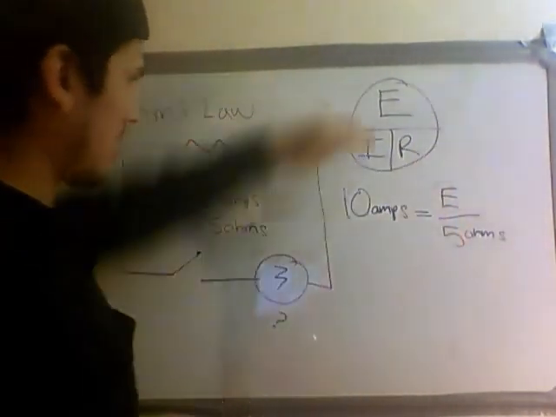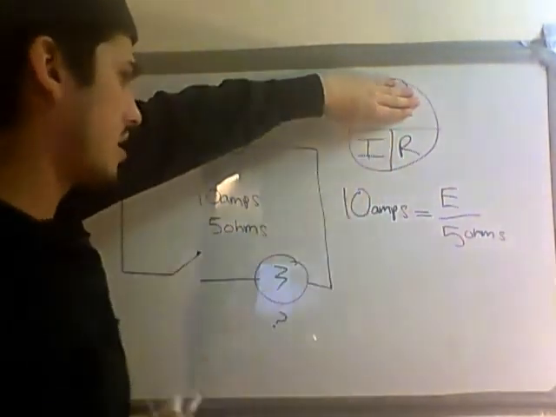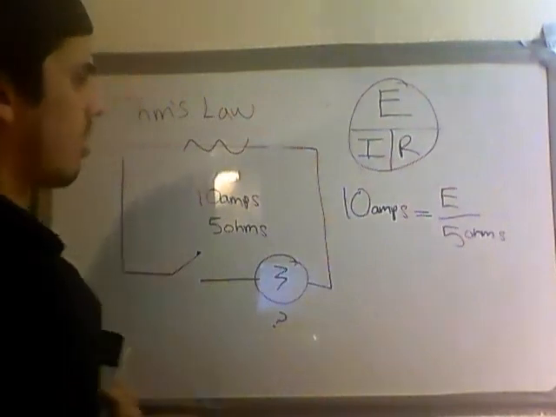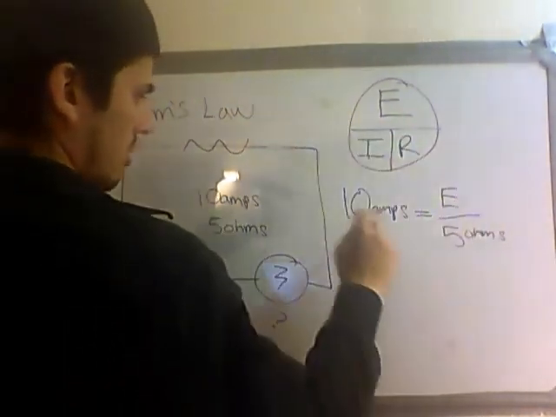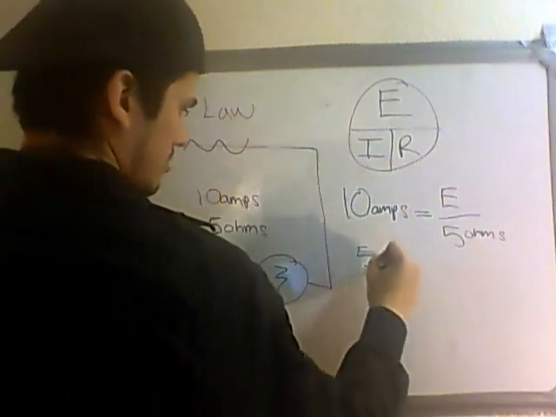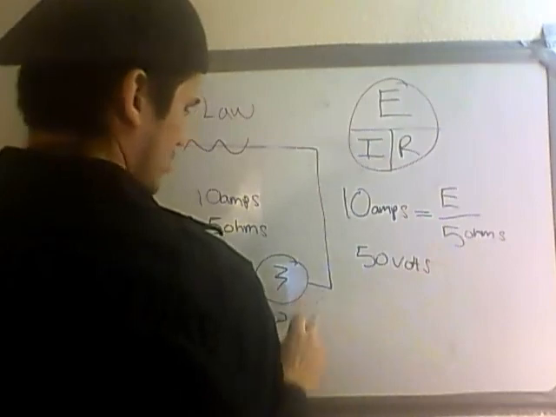So let's cover up E. If we multiply the amperage by the resistance, that should give us our voltage. So 10 times the 5 should be 50 volts. There's 50 volts coming out of this power supply.